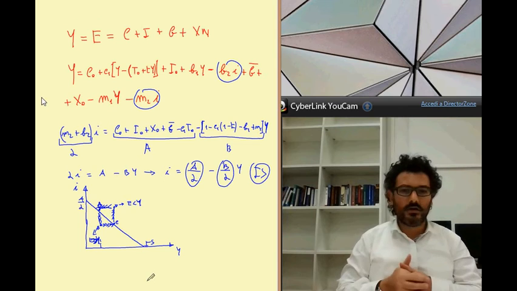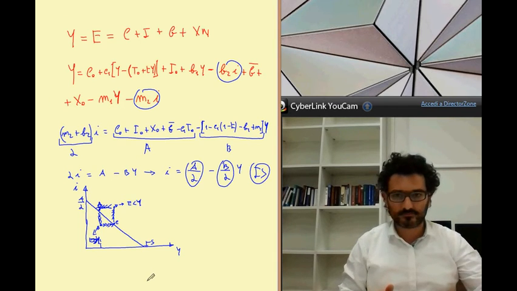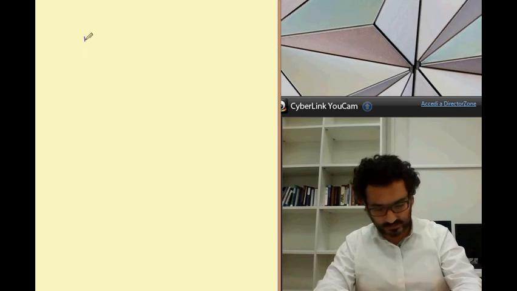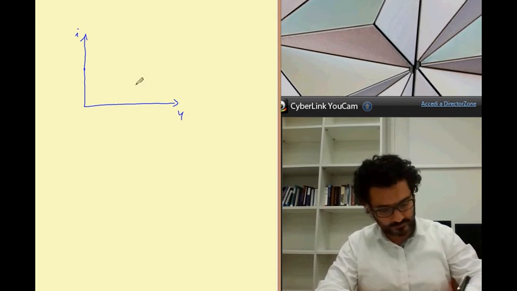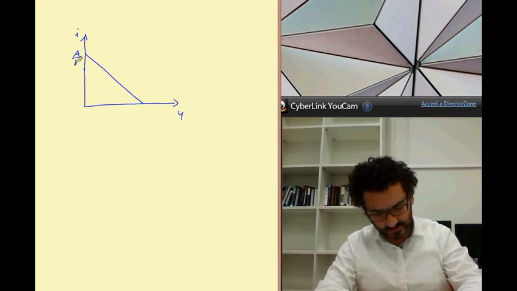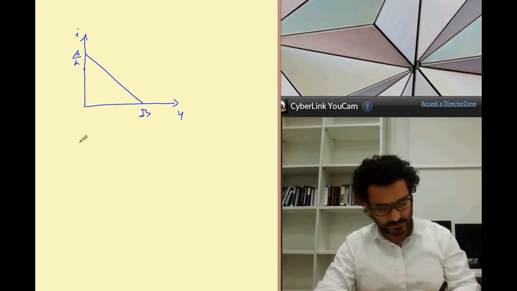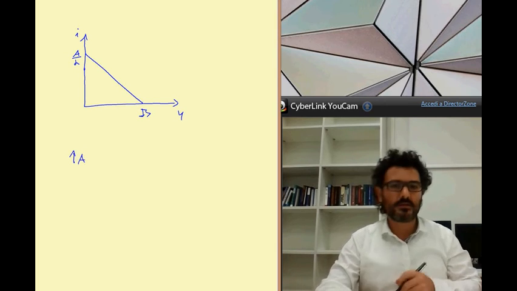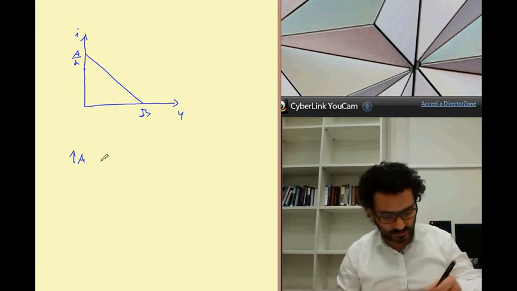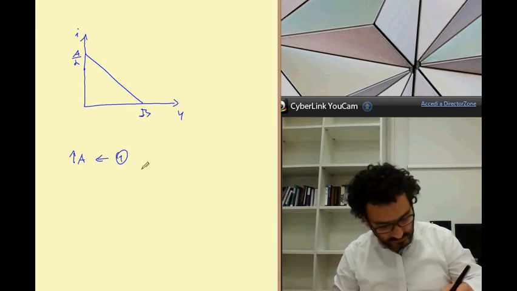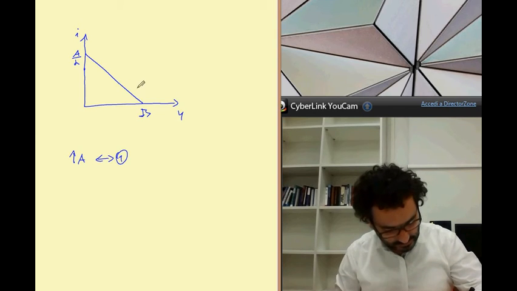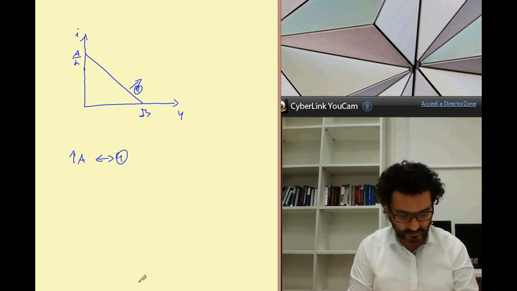So this is the IS relation. Given the intercept of the IS relation, which is A over alpha, if we have an increase in A, the relation will shift to the right.